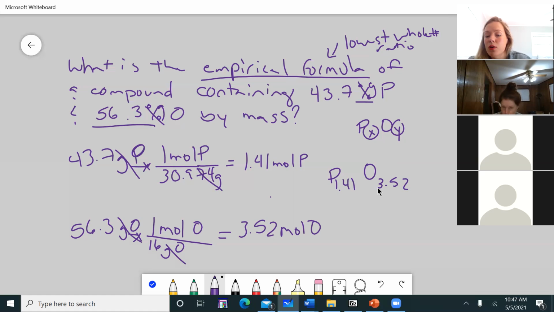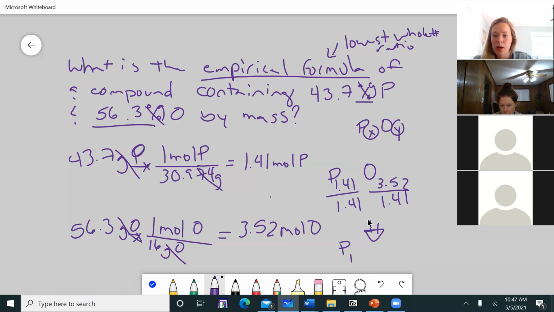So the fastest way to get a whole number ratio, divide both of them by the smallest decimal. So we divide it by 1.41, and we also divide this one by 1.41 because it's the smaller of the two. So that leads me to phosphorus having a subscript of 1, right?